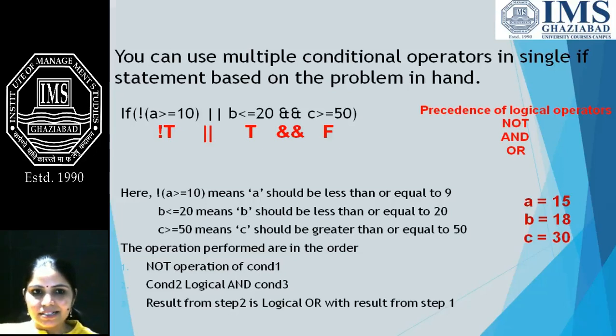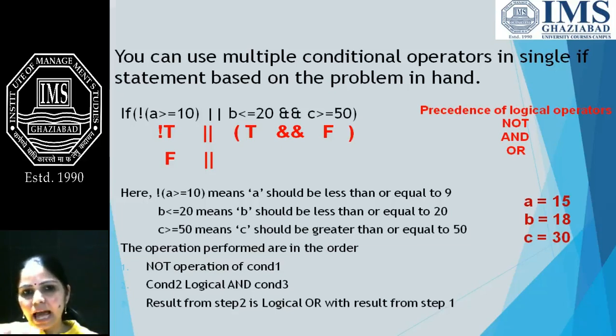Of these, logical NOT would be performed and logical AND would be performed first. So the work in parenthesis would be done first. Based on the NOT operation, NOT of T is F. Not true is false. Then we have the logical OR, and then we have true and false.